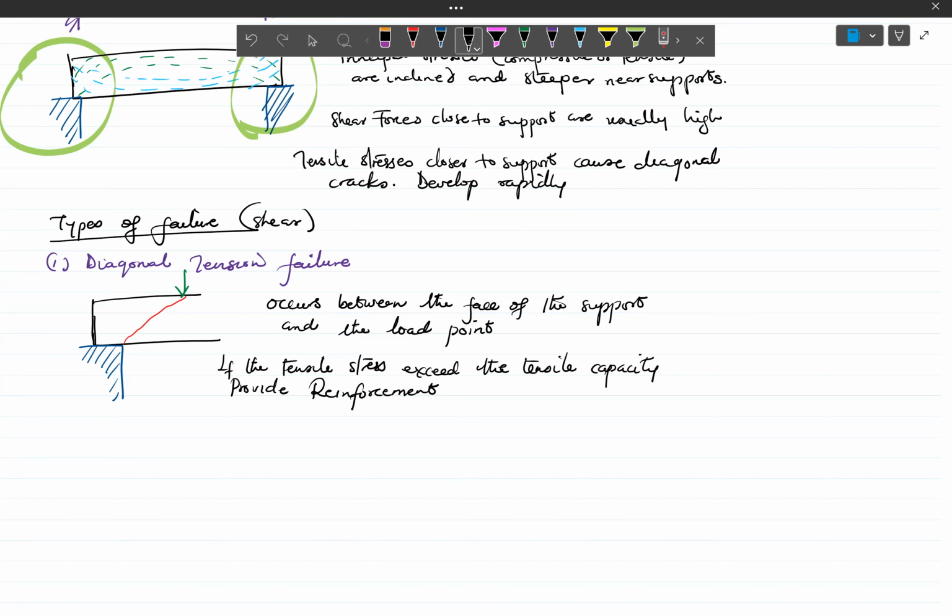And this type of reinforcement I usually will call links. Some say links or some say stirrups. They are typically vertical members we place in the beam to help prevent shear failure.